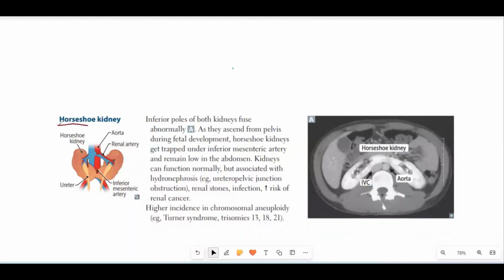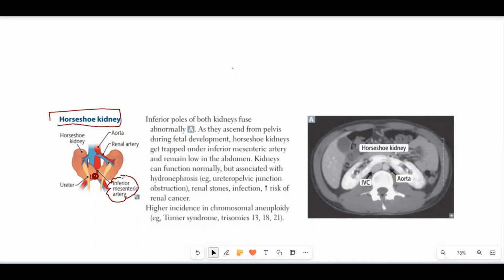So the horseshoe kidney is the fusion of the inferior poles of the kidneys, and it becomes horseshoe shaped. What happened? The kidneys develop in the pelvis during fetal life, and when they ascend toward the abdomen, they are trapped by the inferior mesenteric artery.